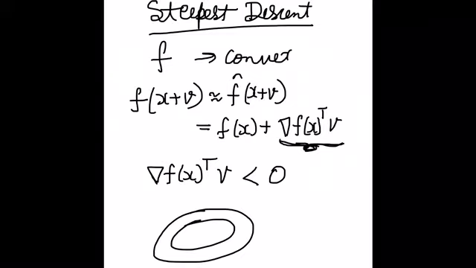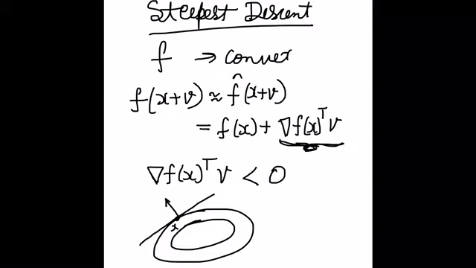Because sublevel sets are convex for a convex function, the contour plot is something like this. Let's say this is x, then the gradient will be in this direction.